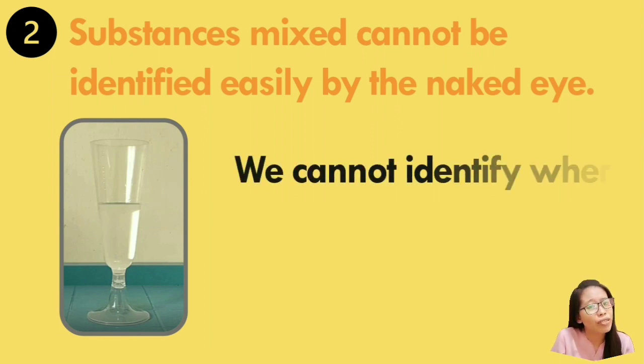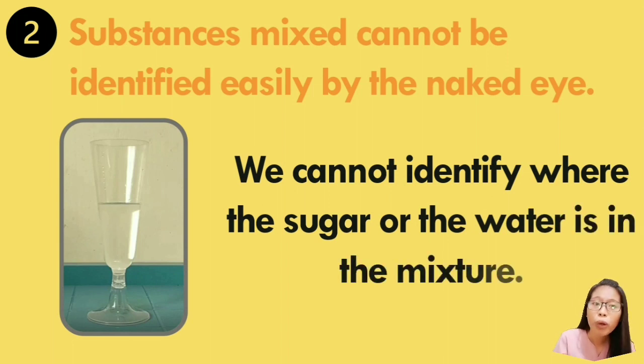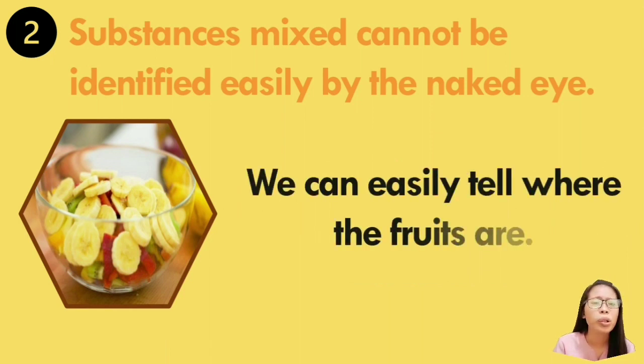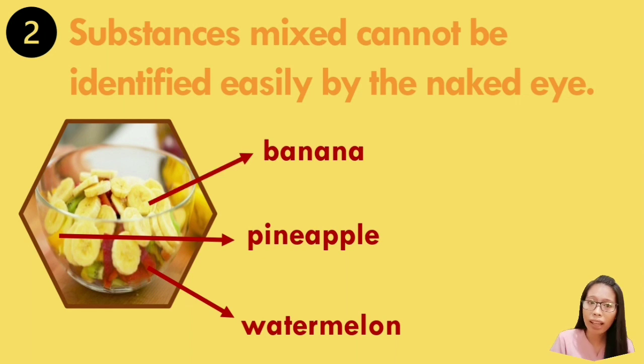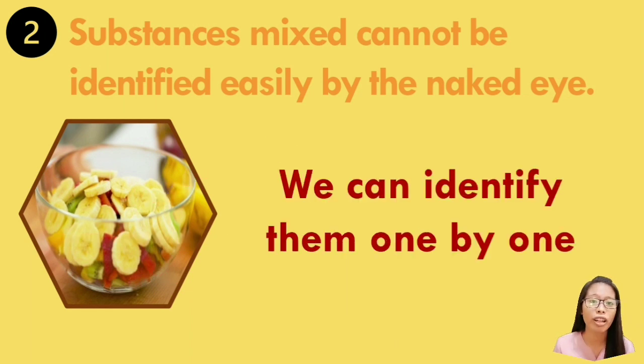We cannot identify where the sugar or the water is in the mixture, while in the fruit salad sample, we can easily tell where the fruits are. We can easily identify the fruits added, such as the watermelon, the pineapple, or the banana. We can identify them one by one.